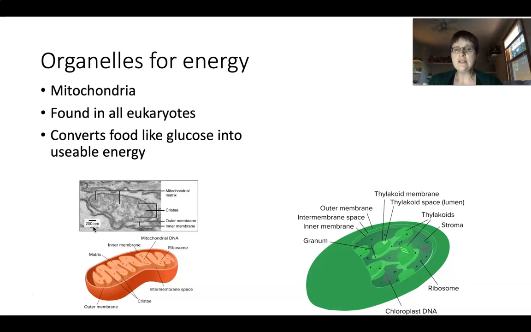So that's why, for example, if you exercise, you need more energy, you need more food, because you're going to have these little guys in your cells taking that food and turning it from the food energy into usable energy to run your cells, your muscles, and so forth, and you use it up. So we've got these mitochondria that are going to be found in all the eukaryotes.